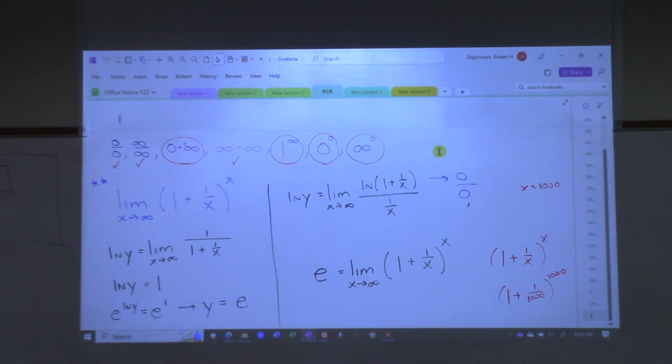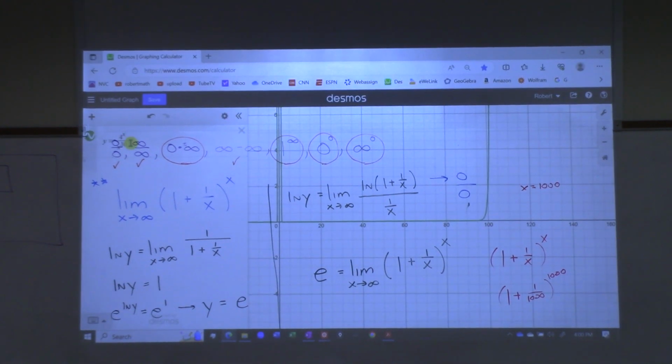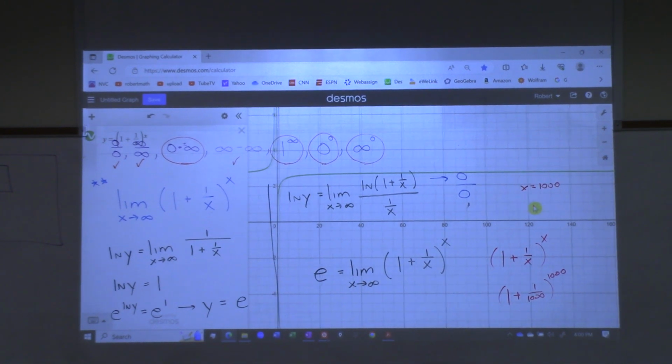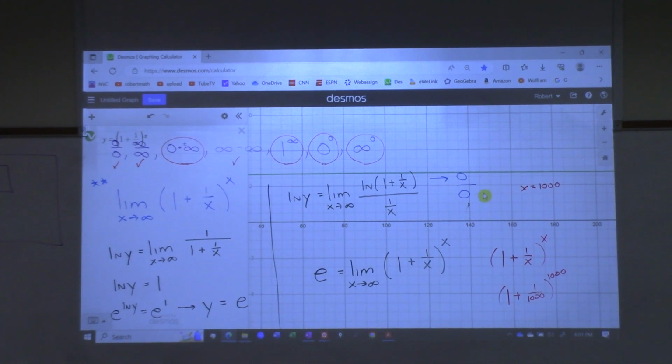Graphically, if I go to Desmos and graph the function y equals 1 plus 1 over x, raised to the x, do you see that I have a horizontal asymptote? As I move out to the right, do you see I'm flattening out?